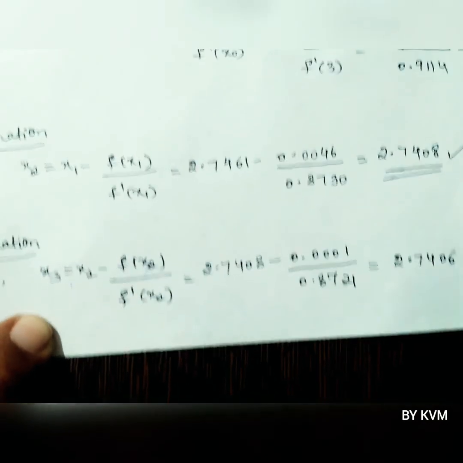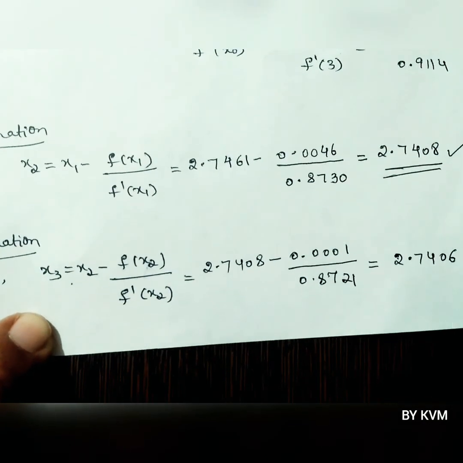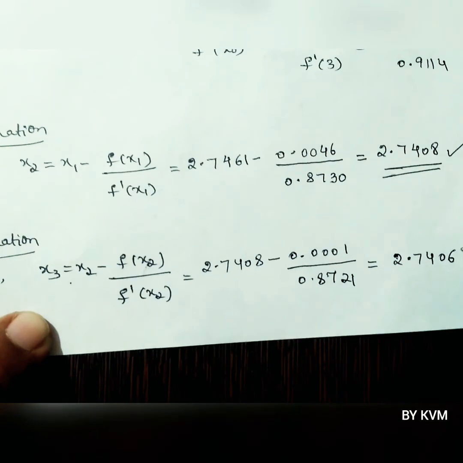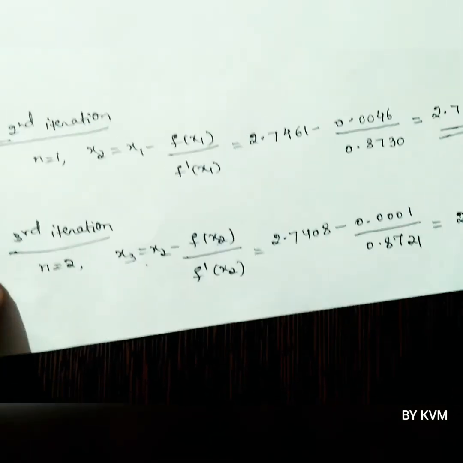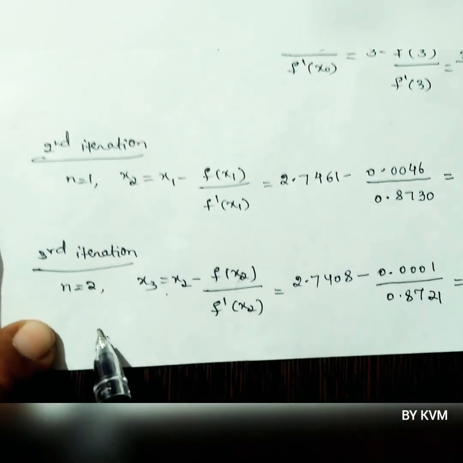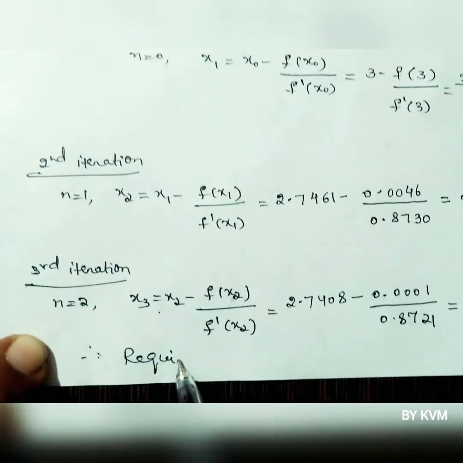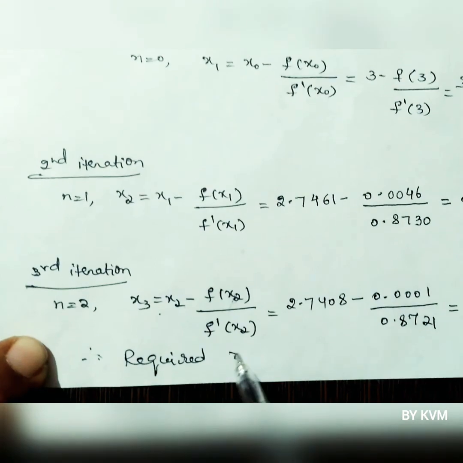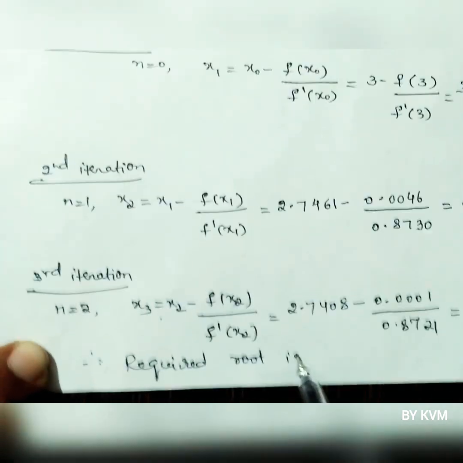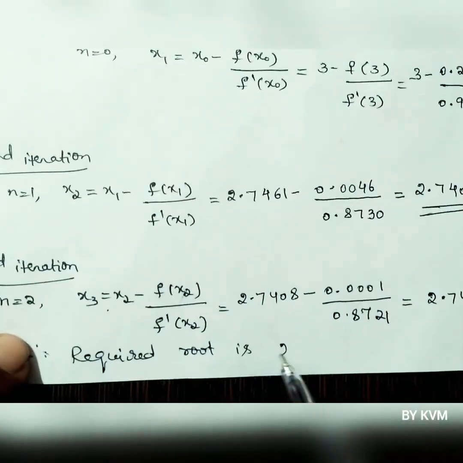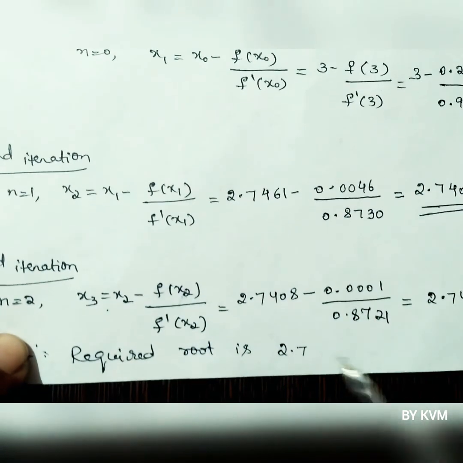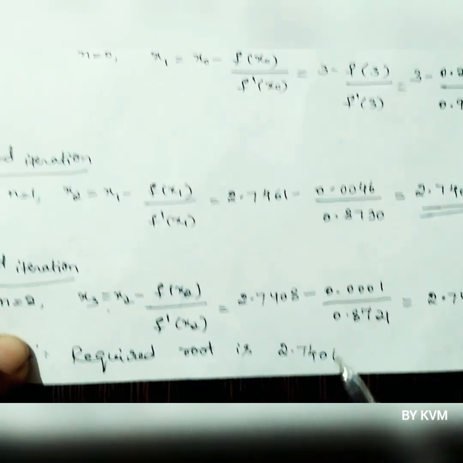So compare x2 and x3. How many decimal places are the same? So 3 decimal places are the same, so it is enough. Therefore the required root is 2.7406.